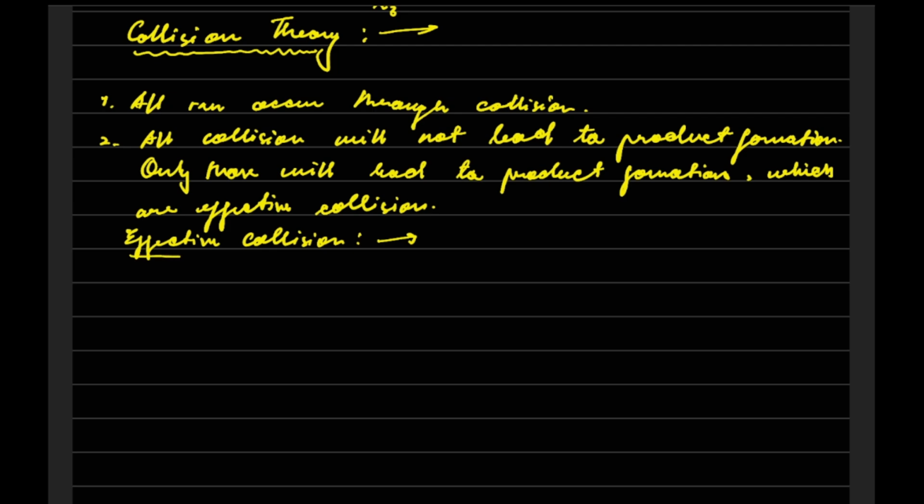What is effective collision? Effective collision is nothing but the collision which occurs with specific orientation and minimum energy.